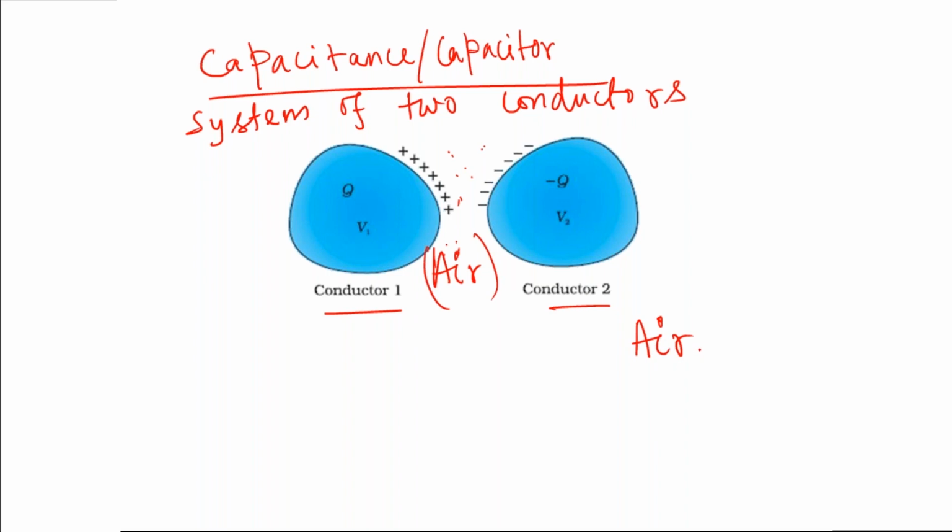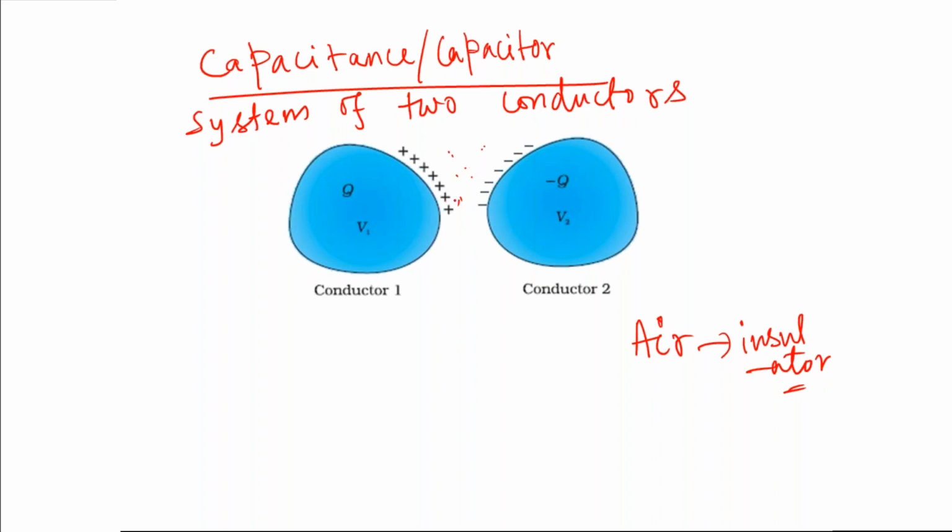That air is an insulator, and this type of capacitor is called an air capacitor. So a capacitor is a system of two conductors separated by an insulating material in between them. That can be any insulating material.